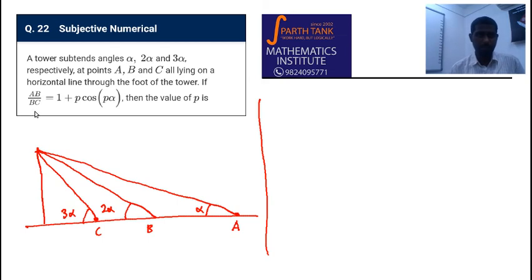If AB by BC is 1 plus P cos P alpha, then the value of P is.